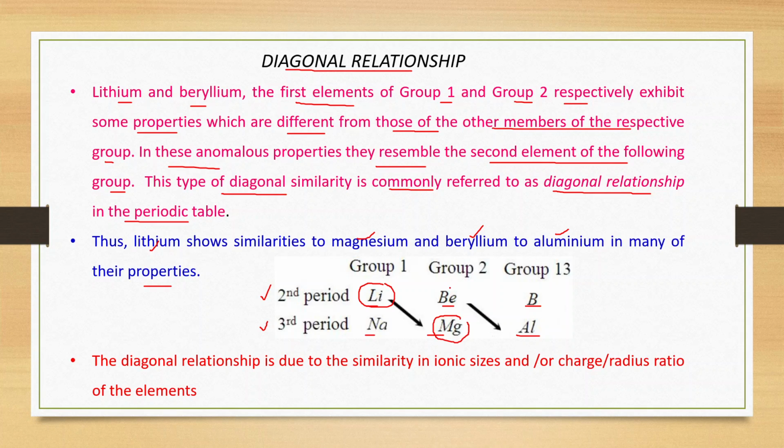In the same way, beryllium, the first member of group 2, shows similarity with aluminium. So this is about diagonal relationship. The diagonal relationship is due to the similarity in ionic sizes and or charge to radius ratio of the elements.